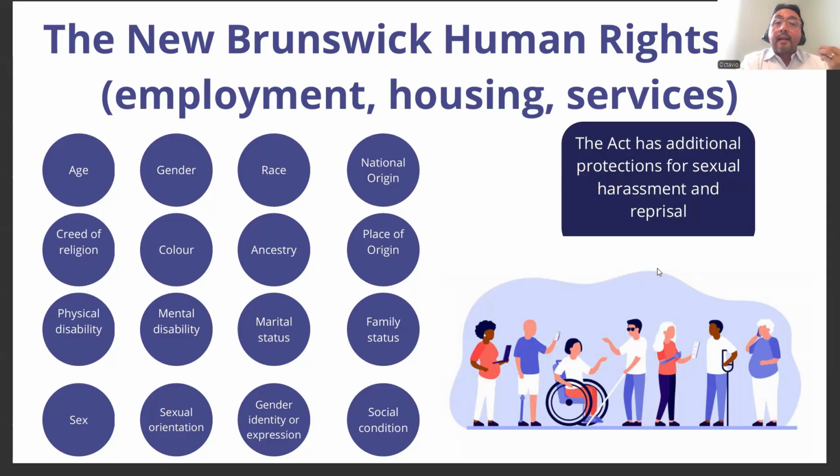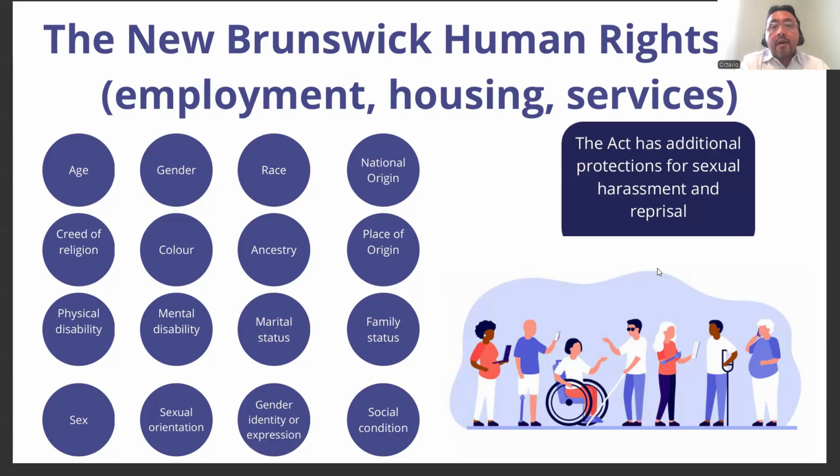And that means that it involves any private institution or provincial institution. We all have the right to be treated with equity and respect. So the New Brunswick Human Rights Act protects these 16 grounds. And I will just read them very quickly.